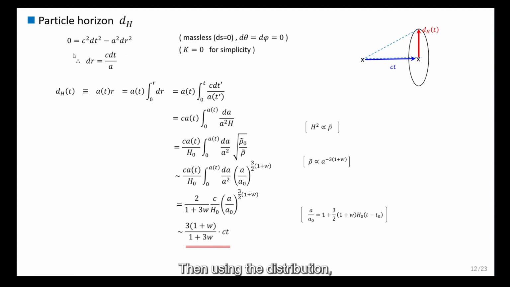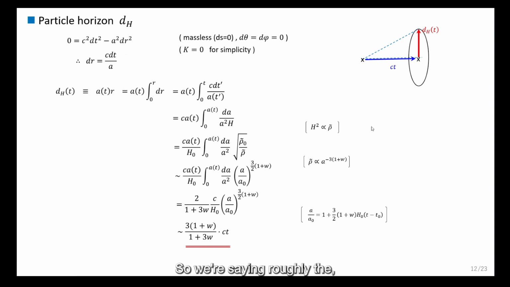Then using this relation, the formula is given by like this. And calculating with some algebra, finally you can get this result. So w is the constant parameter.